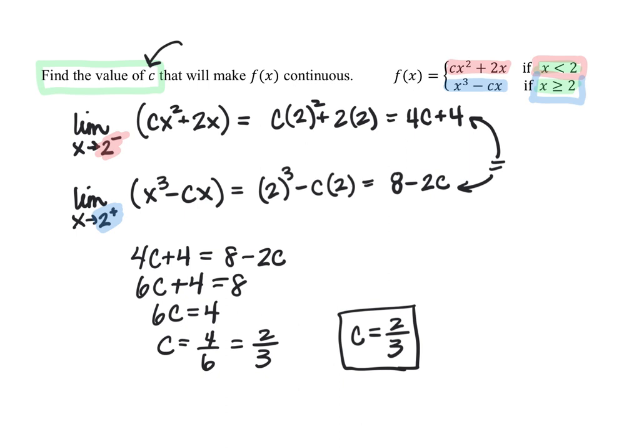Now, let's check this on Desmos. So open up Desmos, and we're going to graph this piecewise function, but we're going to be plugging in 2/3 for c. It's just nice to get a visual and verify that our value indeed does work and creates a continuous function.